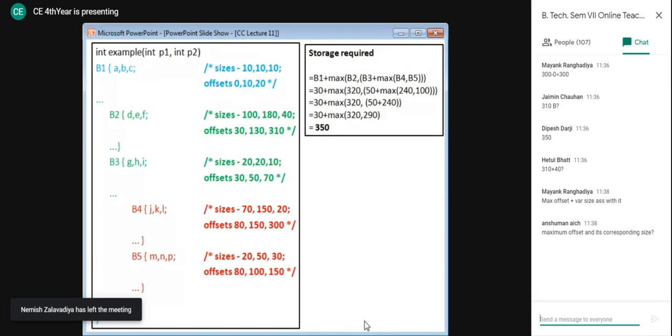So any doubt in this one? So this is how for a particular procedure the maximum storage can be known, and similarly the offsets can be calculated. Just look at this example and let me know if you are having any doubt. I think it is very clear.